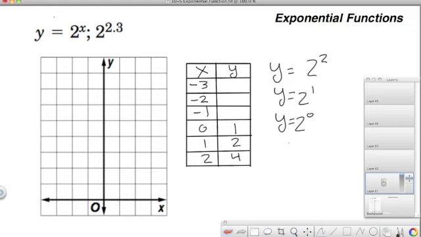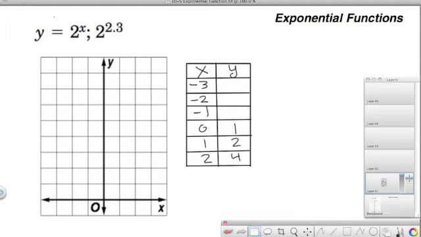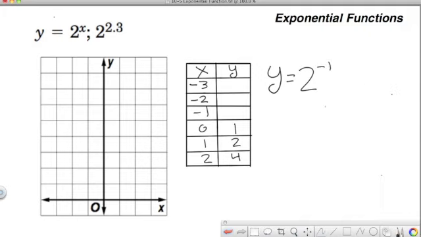Now we have the negative exponents, and with the negative ones, they get pretty tricky. So follow along and let's see if we can make it so that you know how to do the problems with a negative exponent. We're going to do -1 first. So we have y equals 2 to the -1 power. As you found out in class, you cannot leave -1 as a power, so you need to turn that power positive.